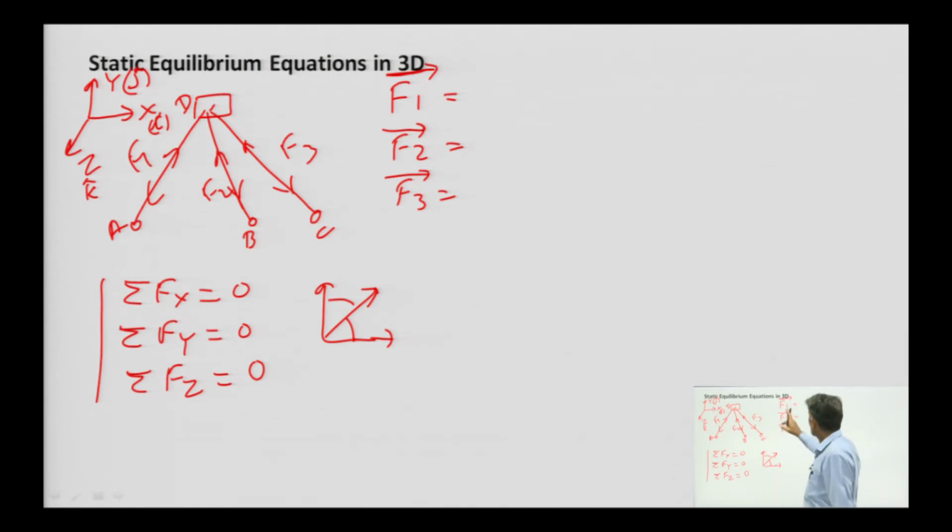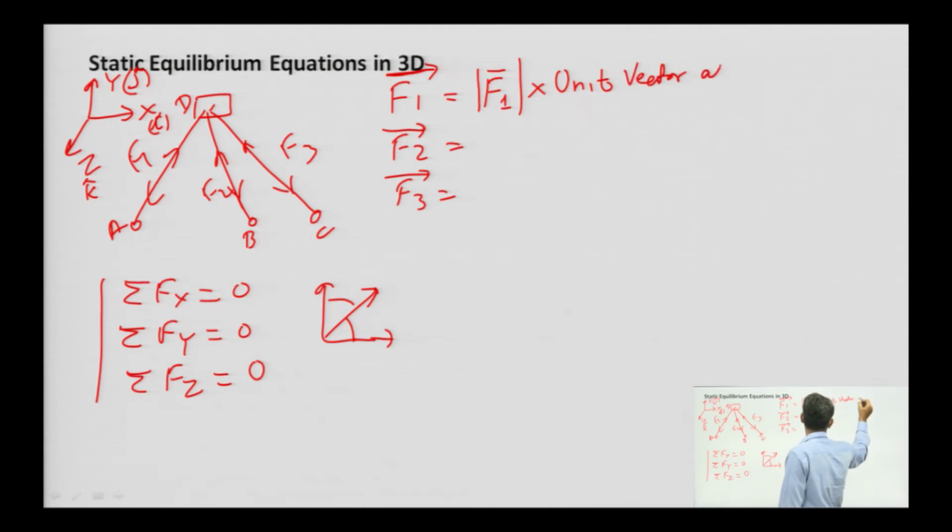Okay. And the value of F1 will be what? It is mod of F1, meaning magnitude of F1, multiplied by the unit vector along F1. Okay. So, vector F1 can be written if we know the unit vector along F1. In this case, what will be the unit vector?